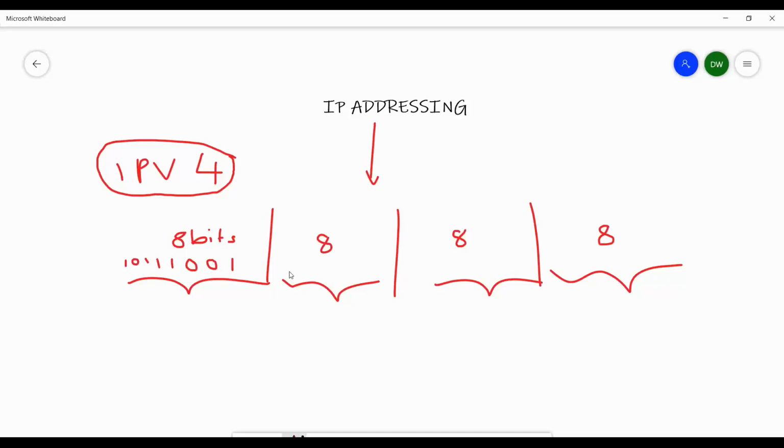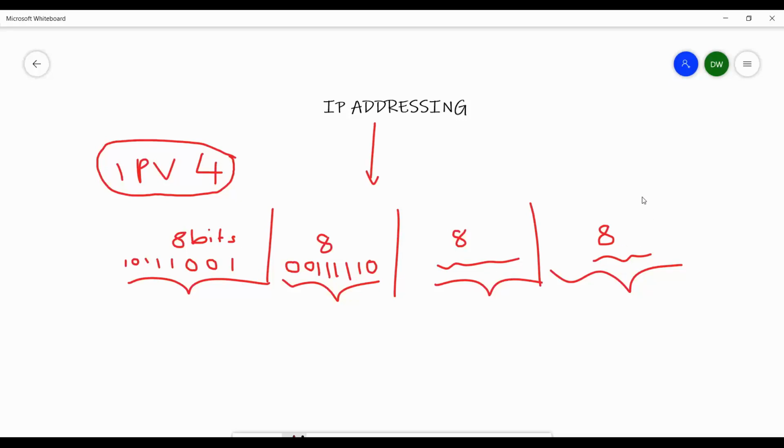This kind of a pattern. And here also you can have another pattern, 1 1 1 1. 8 bits should be there. Something like that. So here also you have that kind of patterns. First 8 bits, second 8 bits, third 8 bits, and the last section also has 8 bits.